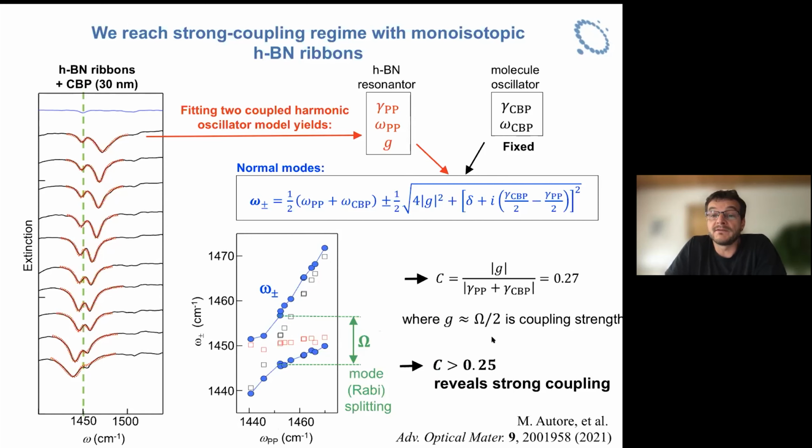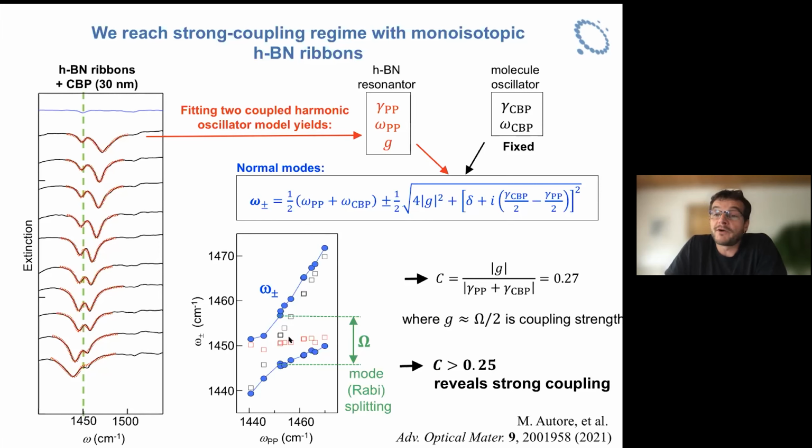I don't want to go into the mathematics here, but one can show that these 12 wave numbers really correspond to strong coupling. That means in the situation that we have here, if we think about the original oscillators, namely the molecule and the resonator, they exchange energy faster than they decay. And for that reason, two new eigenmodes occur.